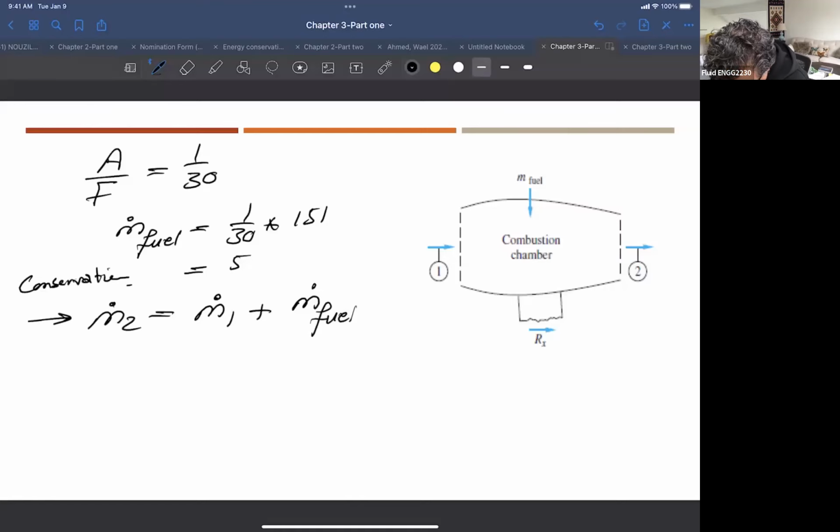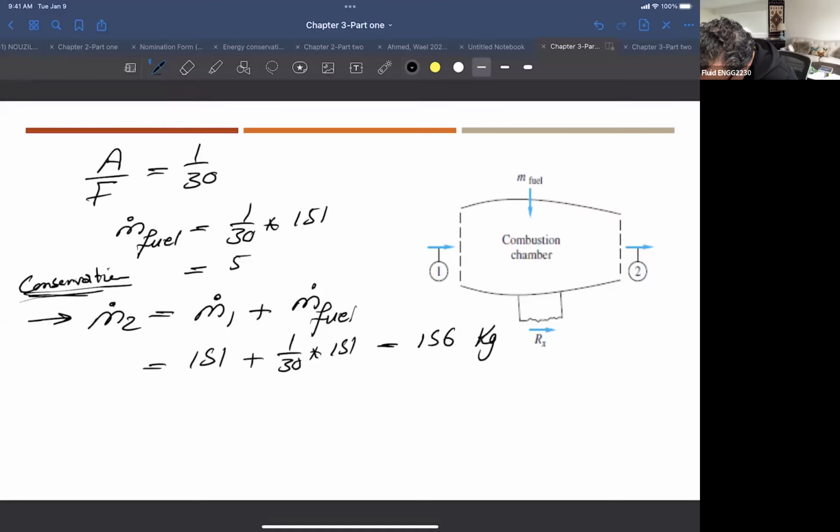I'm doing this very quickly now because I don't have to write the whole equation with the unsteady terms. Whatever is coming in is going out, because it's steady state. So m dot is two things, air and fuel, and the fuel is 1/30 of the air. So it's basically 1 plus 1/30 of the air. So you have m dot 1, which is 151, plus 1/30 times 151. This will give you about 156 kilograms per second.